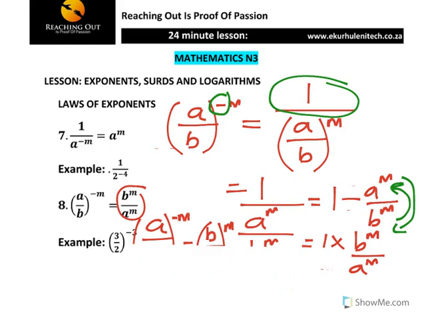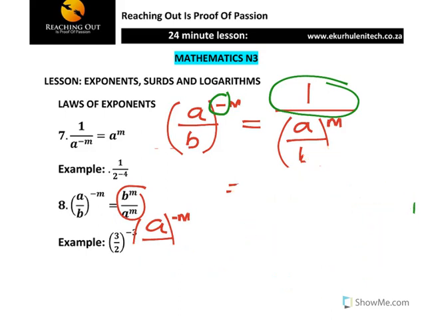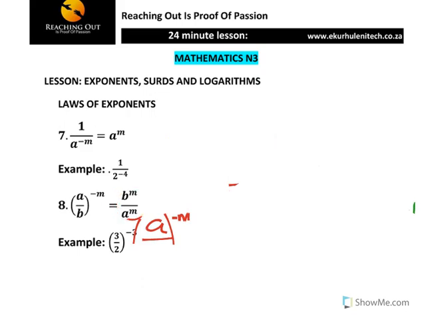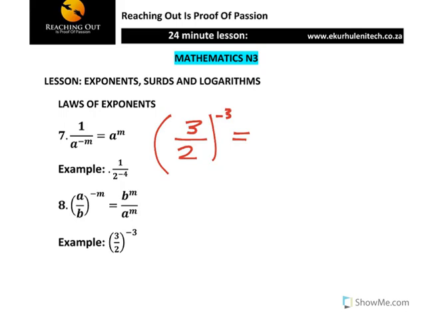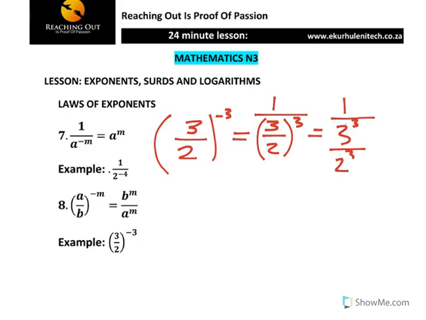Hence, when they give me a problem like this one, if I can quickly go through it, say 3 over 2 to the power minus 3, if I do the long method, it will be 1 over 3 over 2 to the power 3, which is equal to 1 over 3 to the power 3 over 2 to the power 3.